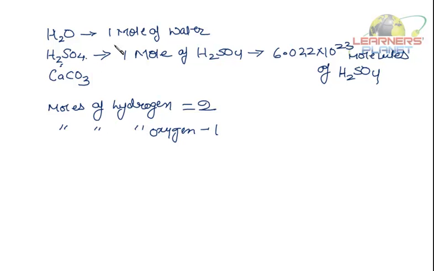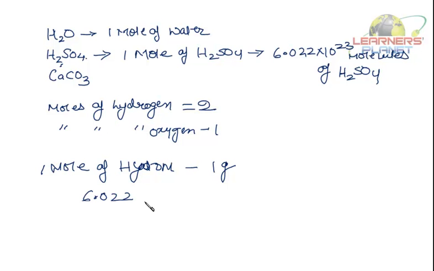Right? So 1 mole of hydrogen atoms, what will be its gram atomic mass? Its gram atomic mass will be equal to 1 gram. How many particles or atoms of hydrogen will be present here? 6.022 into 10 to the power 23 particles will be present in 1 mole of hydrogen atoms.